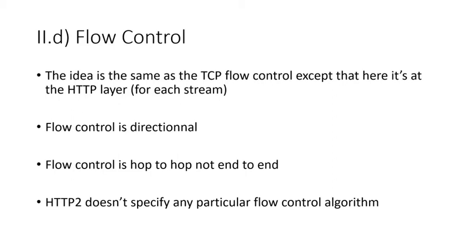Flow control is directional. Each receiver sets a window size, which is reduced whenever the sender emits a data frame and incremented via a window update frame sent by the receiver. Also, flow control is hop by hop, not end to end.